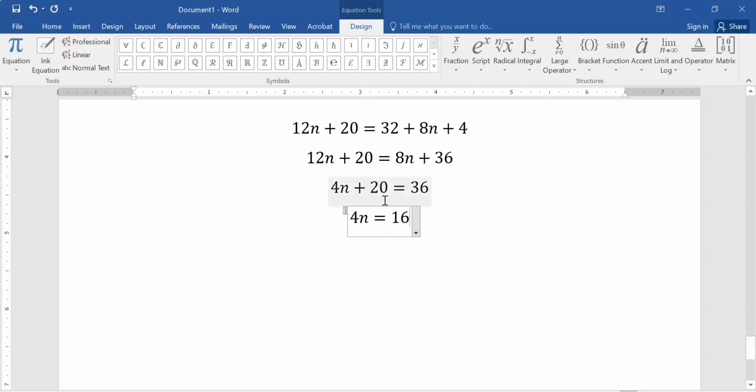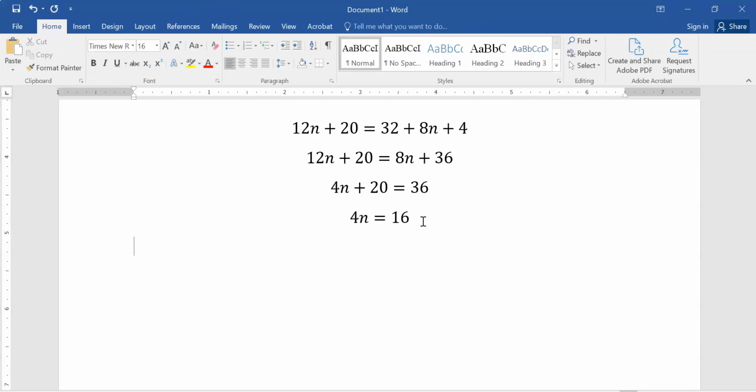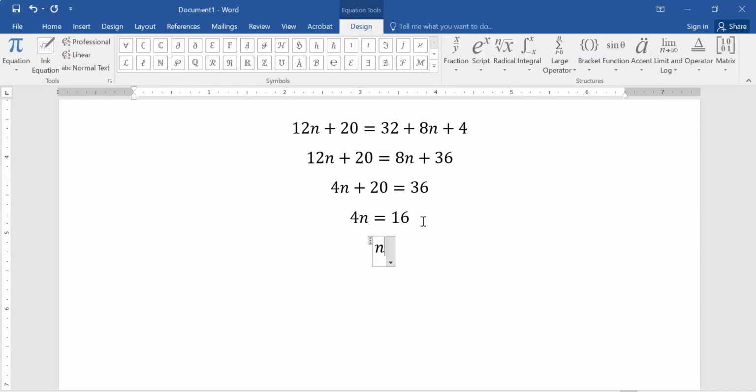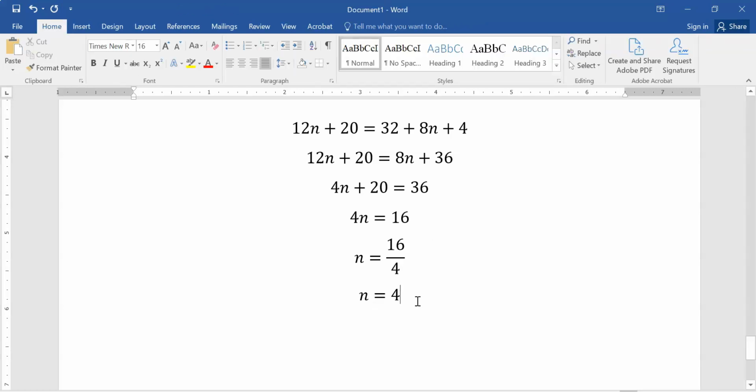Subtract 20 from the left, you just get 4n on the left. Subtract 20 on the right, you end up with 16 on the right. Divide both sides by 4. And you end up with n equals 4. So n equals 4 is the final answer.